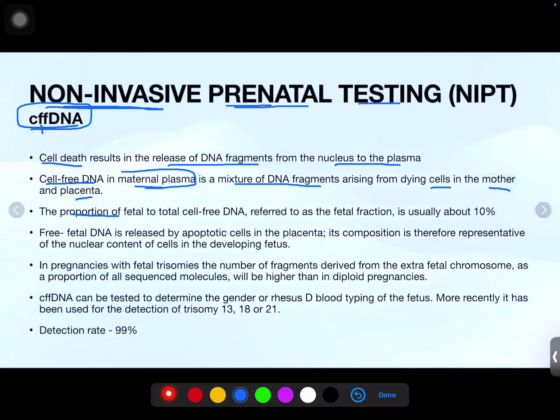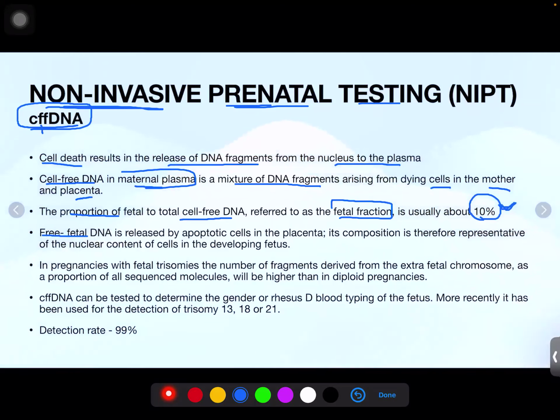So DNA fragments of the mother as well as fetal DNA will be present in maternal plasma. The proportion of fetal to total cell-free DNA is called the fetal fraction, and it is about 10%. That means in maternal plasma, the cell-free fetal DNA is about 10% fetal fraction. So we can detect many things from that fetal DNA by just taking maternal plasma.